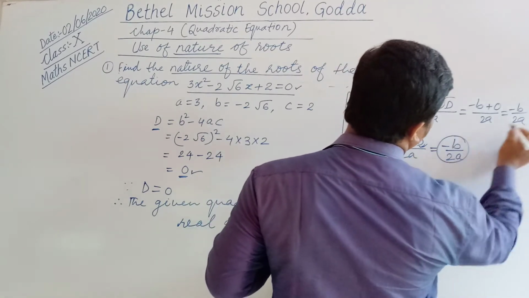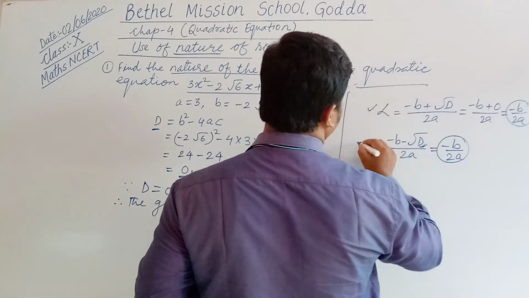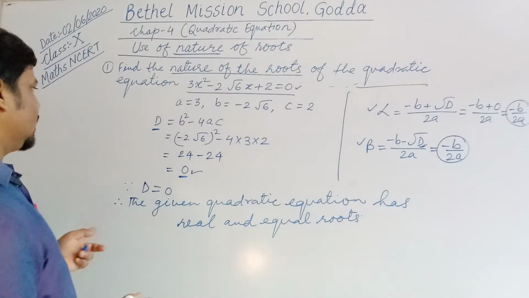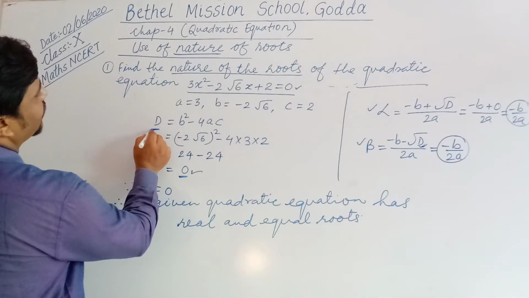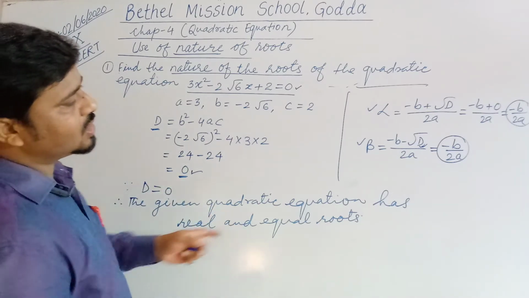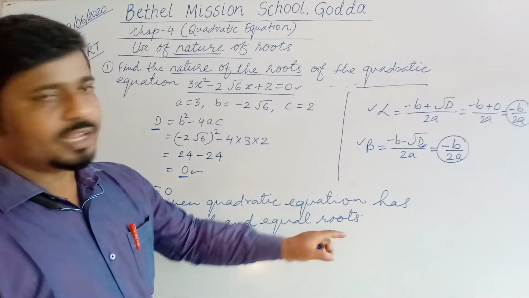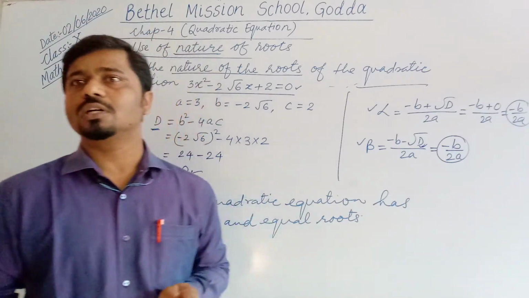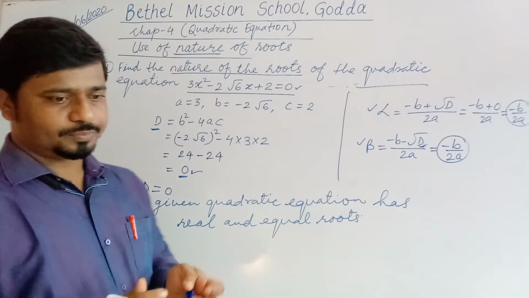So alpha and beta are both equal. That's why if the discriminant is 0, the given quadratic equation has real and equal roots. So this is the nature of the roots.